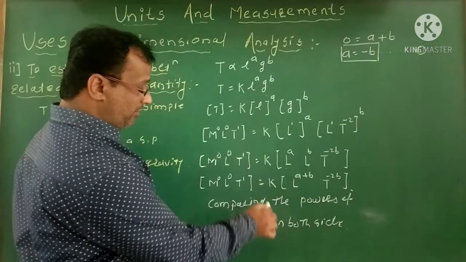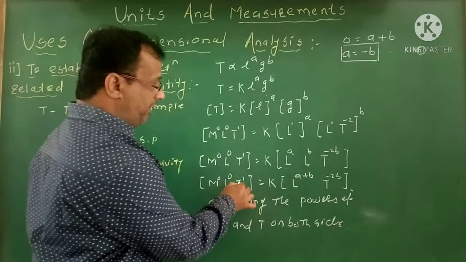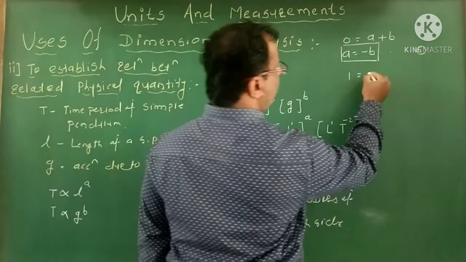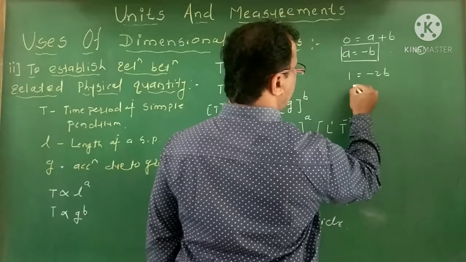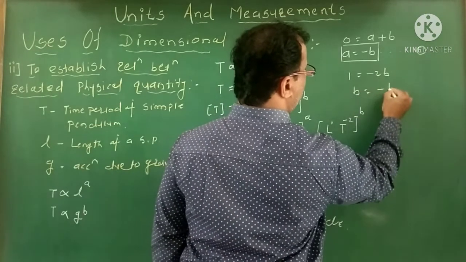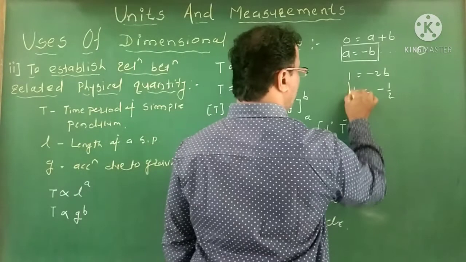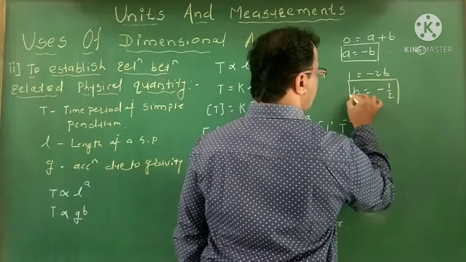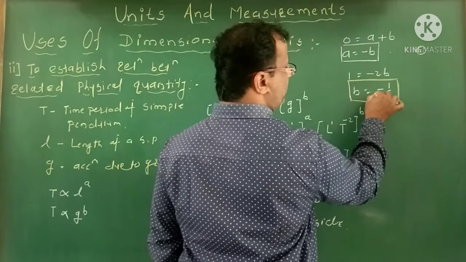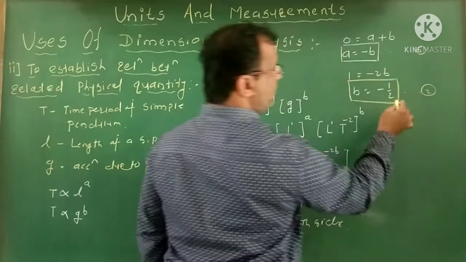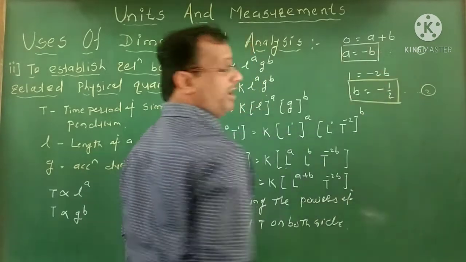Then next we want to compare the power of T. Here the power of T is 1 and here the power of T is minus 2b. So what do we get there? b is equal to minus half. Right? Here we get the value of b is simply minus half. Suppose this is equation number 2. Then if we substitute 2 in equation 1, what do we get?